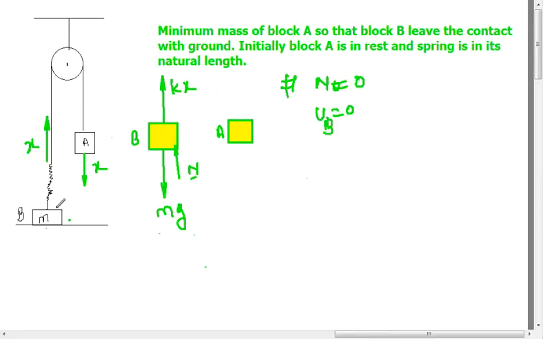If x is greater than the amount just required to leave the surface, then block B will get a velocity.